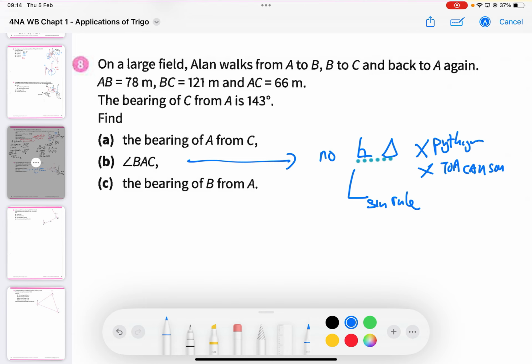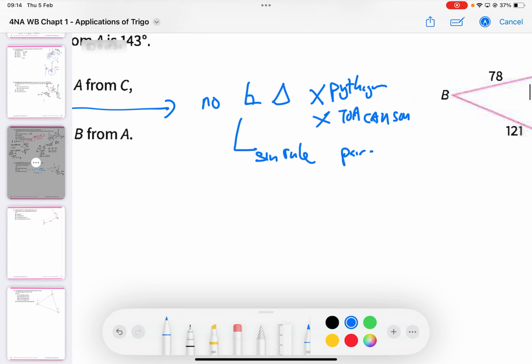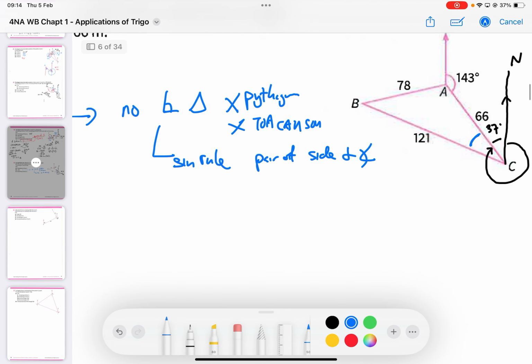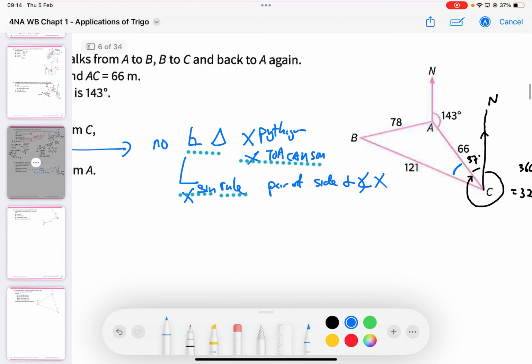But for sine rule, I need a pair of side and angle, and in this triangle I don't have any angle. So I don't have a known pair of side and angle, so I also cannot use sine rule. So the last one is, only can use cosine rule.